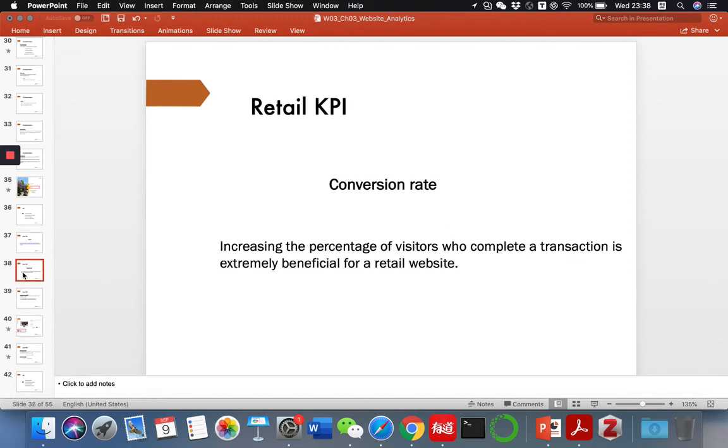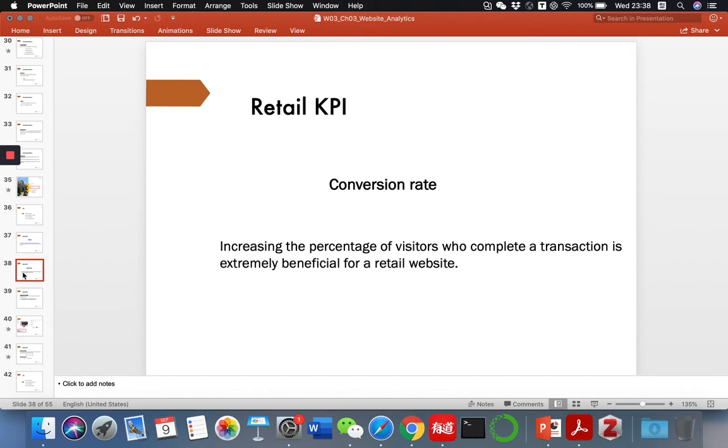The second one, conversion rate. Why do we care about the conversion rate? As the definition of conversion rate for retail websites, the primary conversion means purchase out of viewers, right?